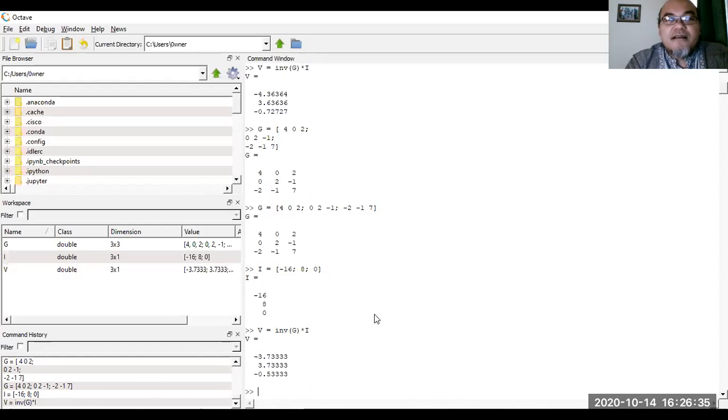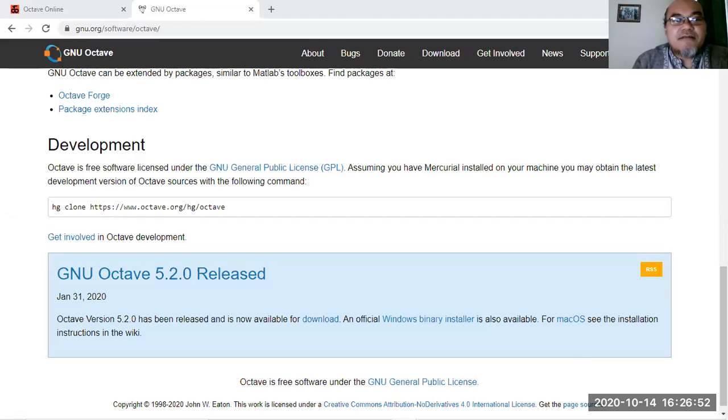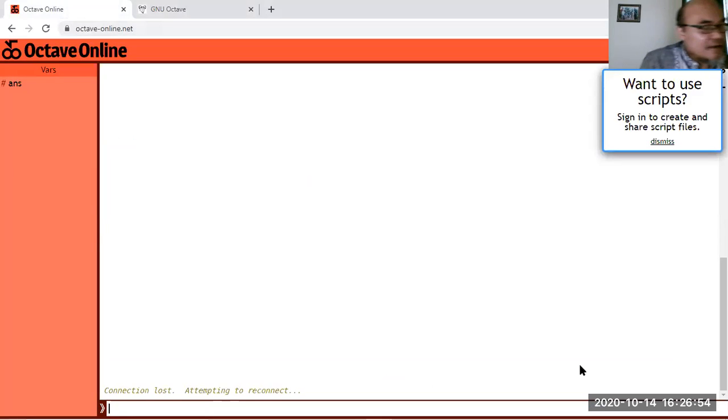Okay. You can also try using the online version. Let's do the online together. So if you have connection, please use your computer. Yeah, this Octave Online. Let's have an example here.